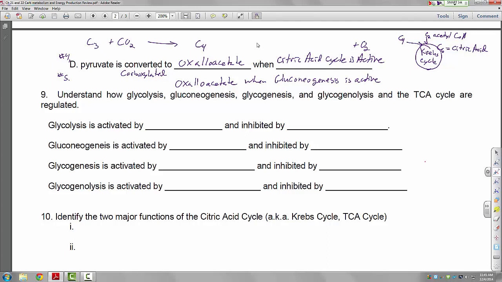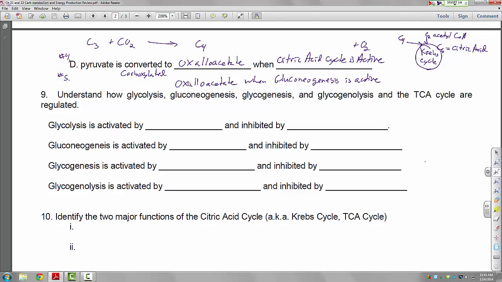Essentially what we're going to do is take pyruvate and convert it back up to glucose. Well, actually the first step in that process of gluconeogenesis is to carboxylate pyruvate, C3, add another carbon to get oxaloacetate.